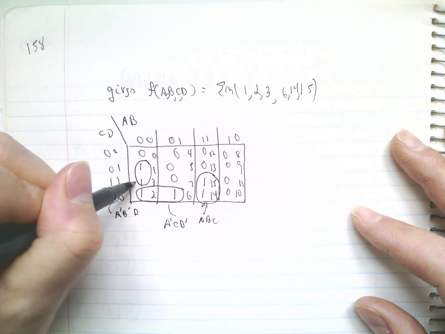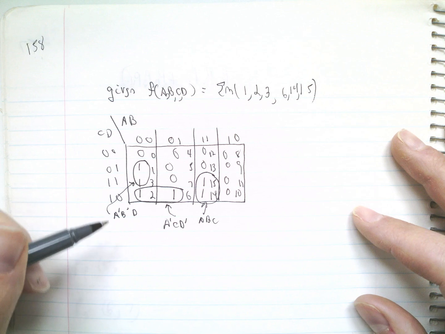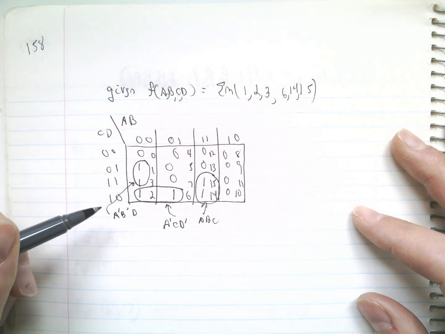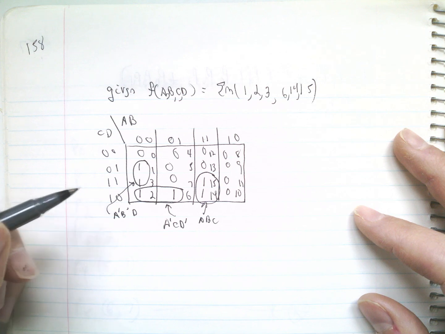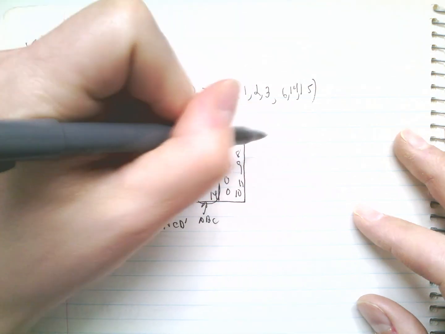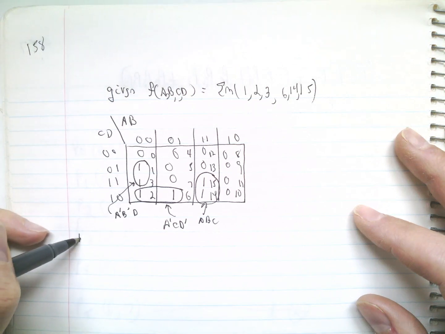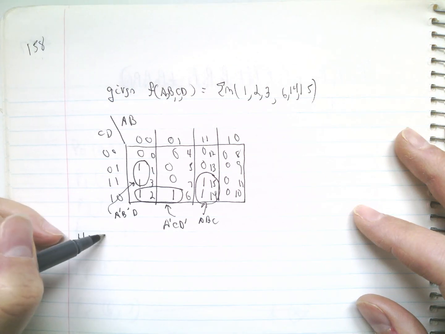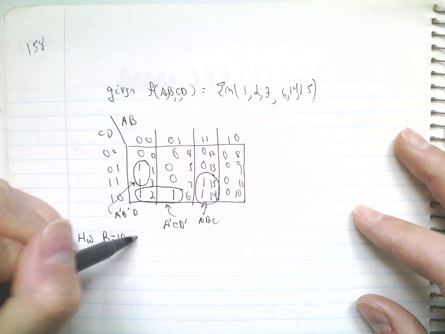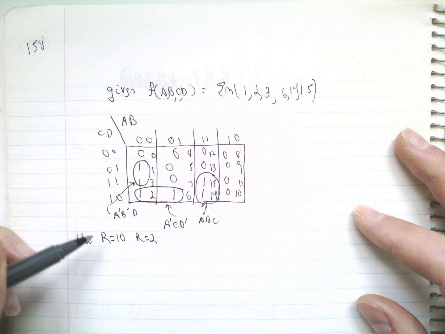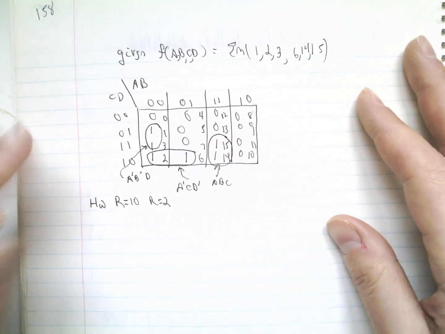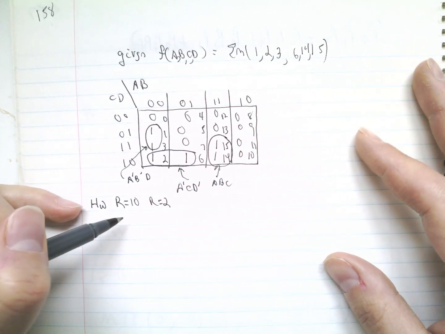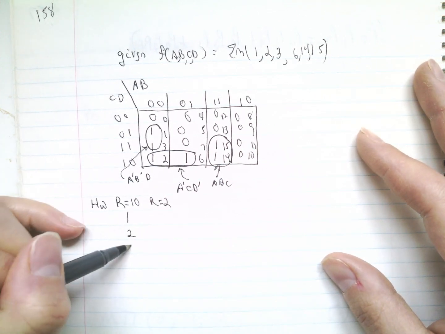That's simple enough. But now if we wanted to try and do the same exact thing with Quine-McCluskey, what we would do is we would start with the Hamming weight. The radix equals 10 and the radix equals 2. And for radix equals 10, which is what we can fill in first, we have 1, 2, 3, 6, 14, and 15.